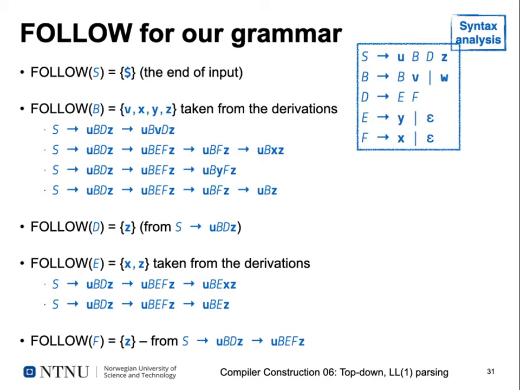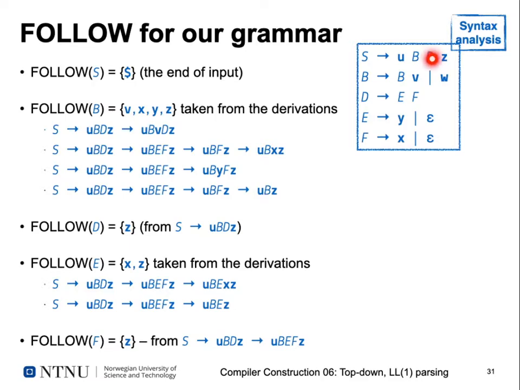And we'll continue with the other ones here. So we go down that way again, but now instead of resolving EF by resolving E to epsilon, we resolve E to Y. And so we come to this one here, U, B, Y, F, Z. So Y is one of the other follow characters for our non-terminal symbol B. And the final one we get by going through this route E, F again. And then we can also resolve E by an epsilon, as well as F, which also resolves to an epsilon.